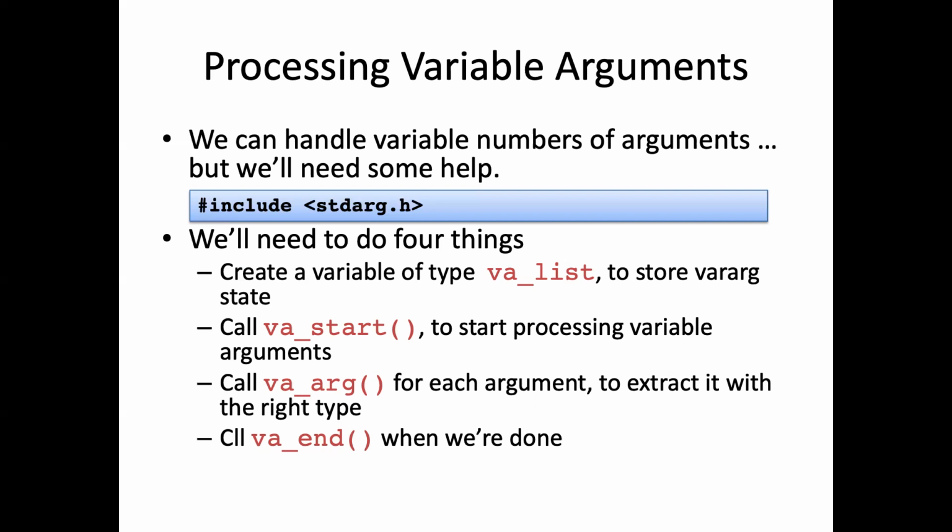So if your function got called with 10 arguments in that slot, then you can call this 10 times, once to get each argument. When you call this, it expects 2 parameters, the state, that's this va_list variable you made, and the type of the argument, because if the caller could pass in arguments of any type, you've got to say something about the type you expect as the next argument. And then last, you're going to call va_end when you're done. That puts everything back the way it was.